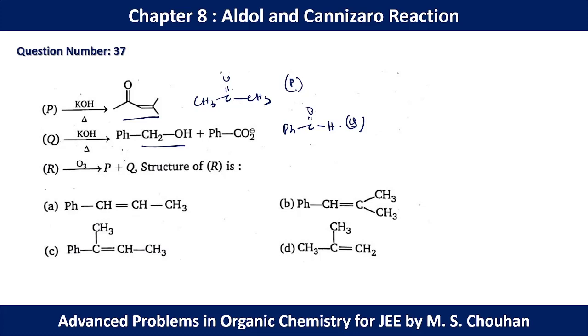So the starting material should have both of them. So the proper starting material for this kind of situation is option B, where after dissociation we can have benzaldehyde and we can have acetone. So for question number 37, option B should be the correct option.